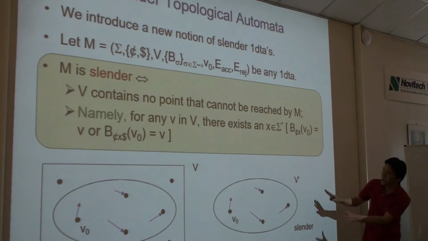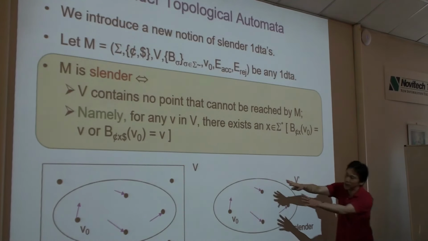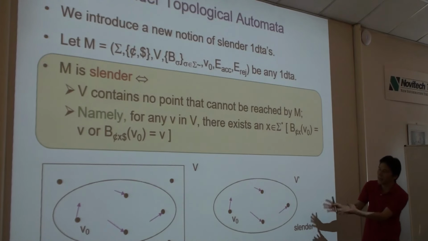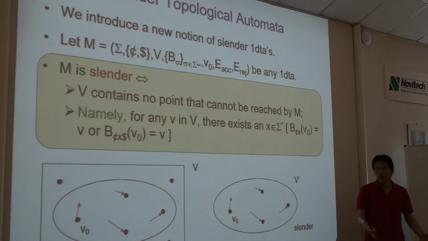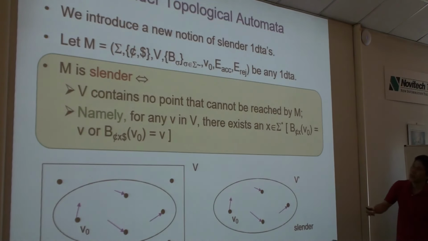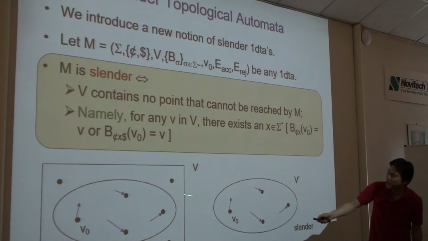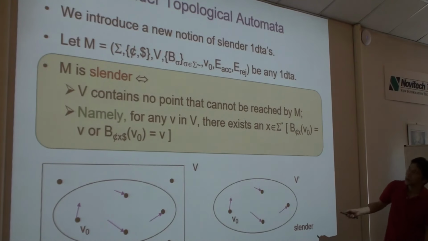We simply get rid of those things. Then we focus on the configuration space that consists of the points that are reachable from V0. Right? So this is the definition of the slender DTA. That means V, the entire configuration space, contains no point that cannot be reached by this machine.